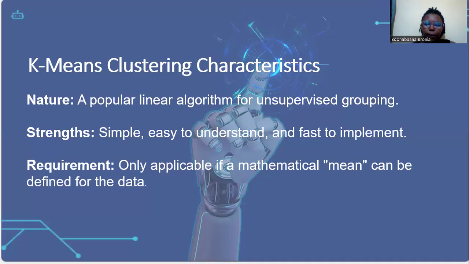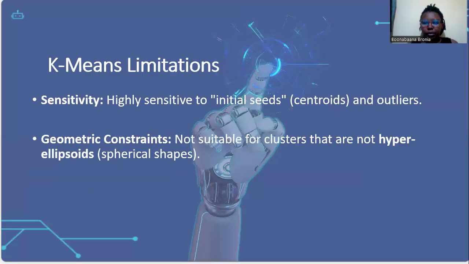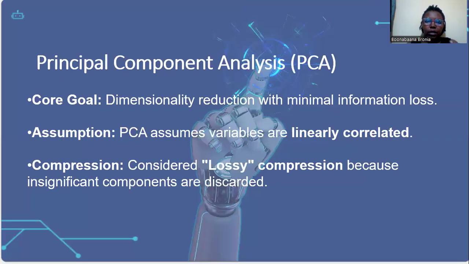That's why it is more used and popular. It is only applicable if we have the mean defined for the data we have. And some of its limitations: it's highly sensitive to initial seeds or outliers, and it doesn't work if it has a geometric constraint, that is spherical shapes, or if we don't have the mean.